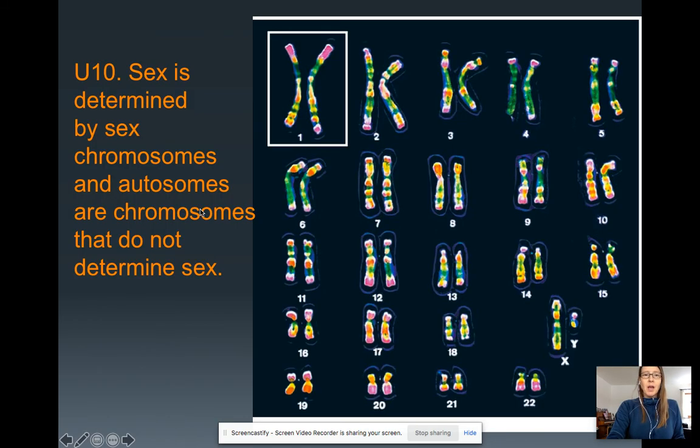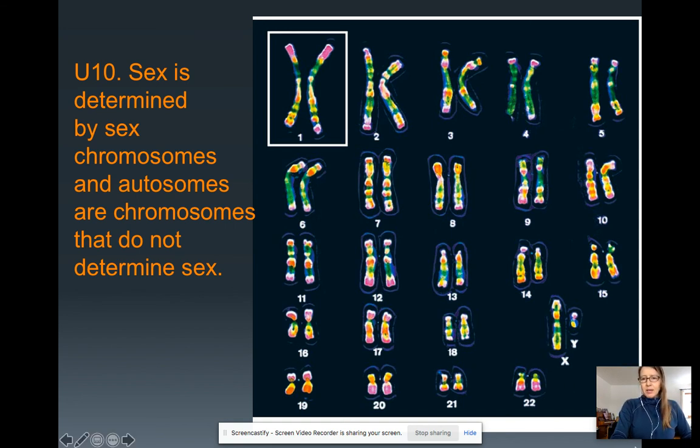Another thing I want to introduce to you is the terms autosome and sex chromosomes. So we've got 23 pairs of chromosomes, and the first 22 pairs are considered autosomal chromosomes. They have lots of genes on them, but they do not code for sex.